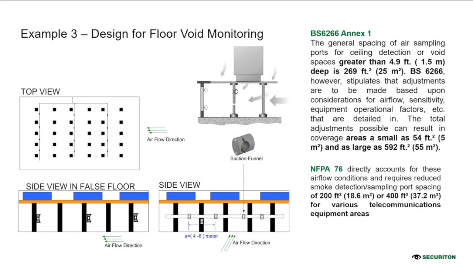This is for the consideration of airflow sensitivity as well. At the same time, I also took information from NFPA 76, which mentions approximately 18.6 meters square up to 37 meters square. So approximately 4 to 6 meters, depending on which standard you are using, as the distance from one point to another point.